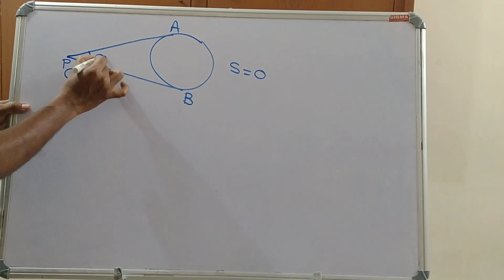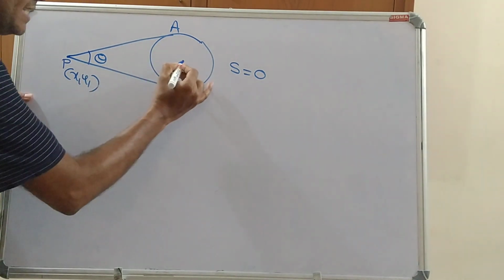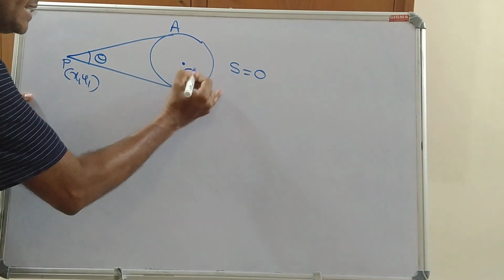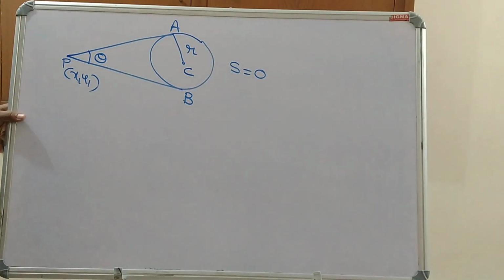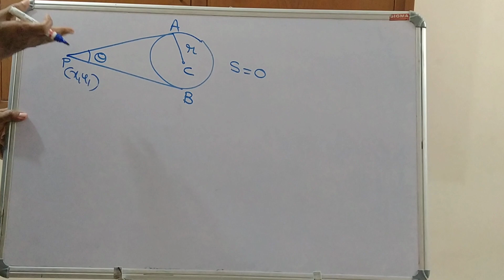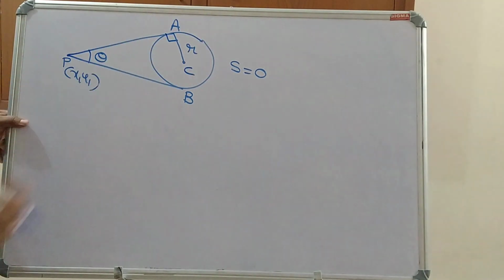Let us take the center C and radius r. We know that the angle between the radius and the tangent is 90 degrees. And join PC.